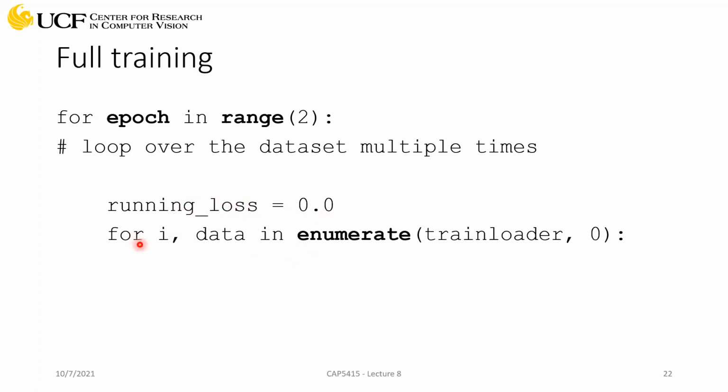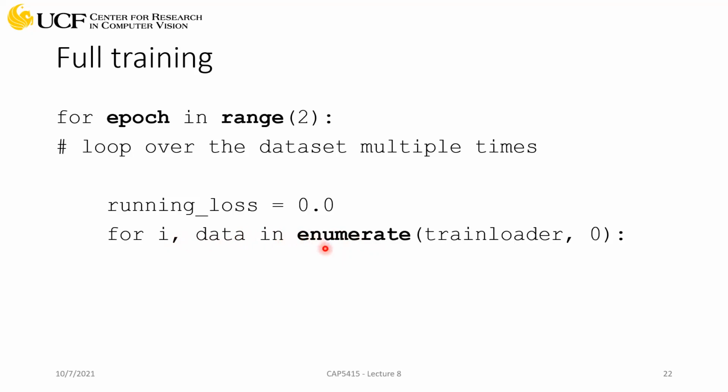So there's the outer for loop for the number of epochs, and this is the inner for loop, for the number of iterations. This train loader you can directly use, and PyTorch will automatically give you batches, so you don't have to worry about it. That's the beauty. Once you have defined that data loader, it's going to do that.